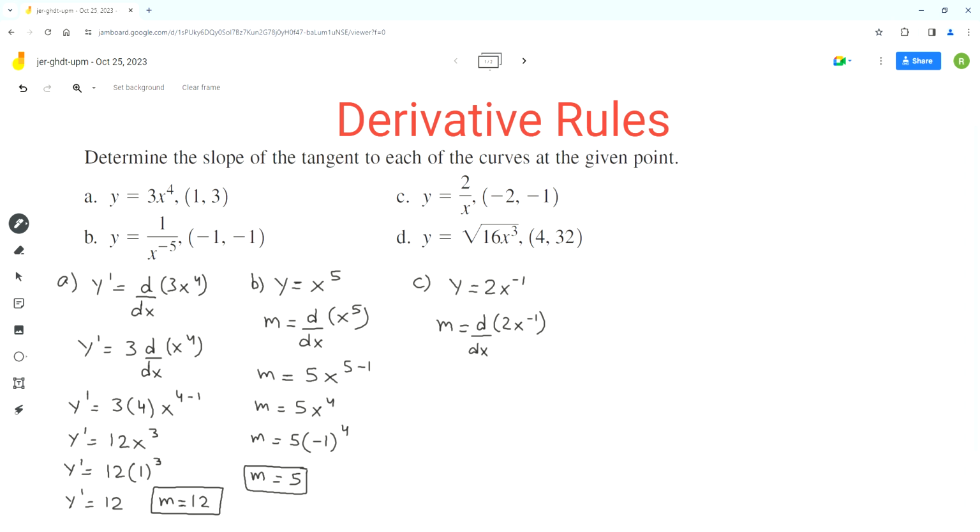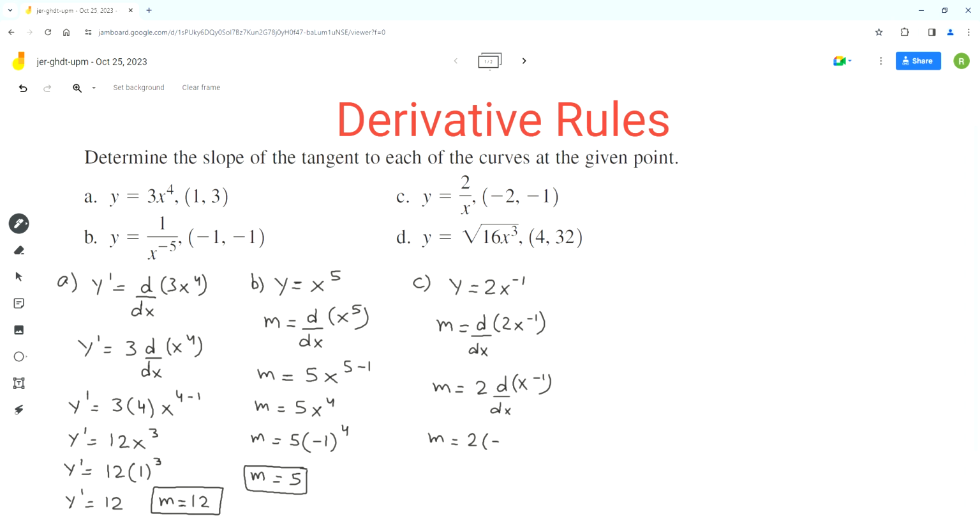Now here we can use the constant product rule. So we can move the 2 to the front. So it will become the derivative of x exponent -1 over dx. Now we can use the power rule. So we'll move this exponent -1 to the front.